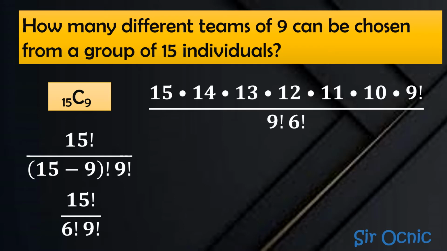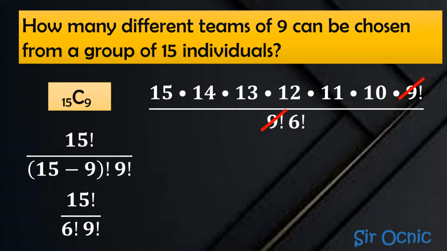Expanding our numerator, we will have 15 times 14 times 13 times 12 times 11 times 10 times 9 factorial all over 9 factorial times 6 factorial. Since we have a common factor which is 9 factorial, we can now cancel this one out.